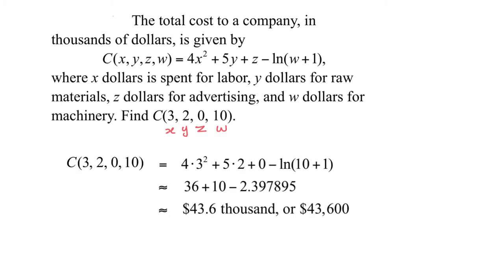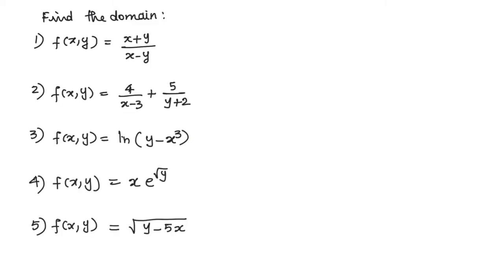If you enter this into the calculator, you will get 43.6, but that is in thousands of dollars. You need to multiply 43.6 by 1000 and the final answer will be $43,600.